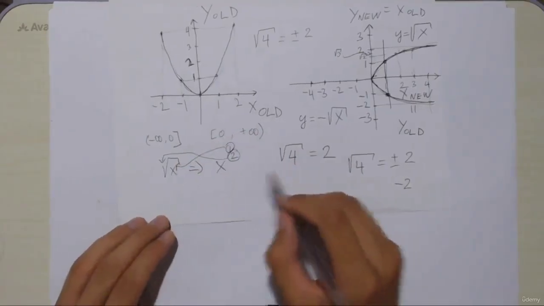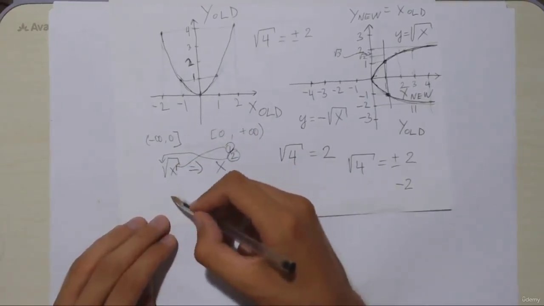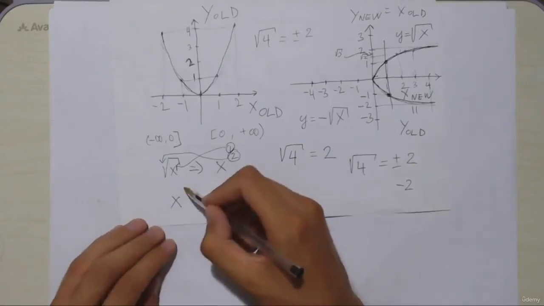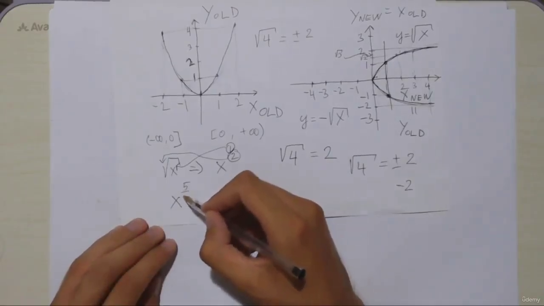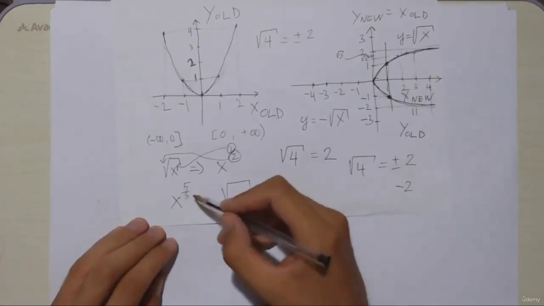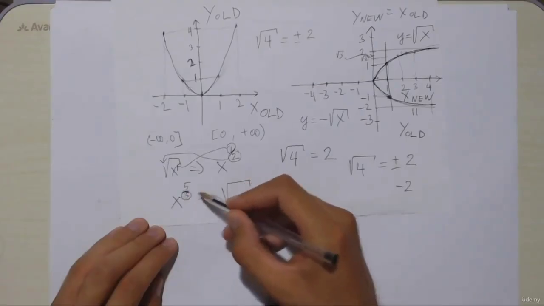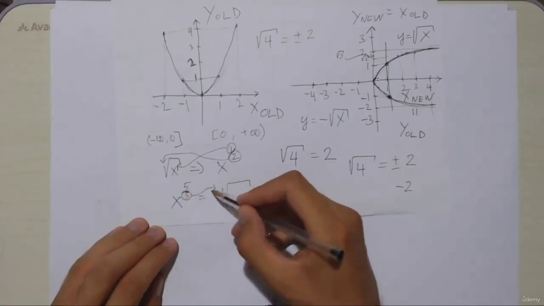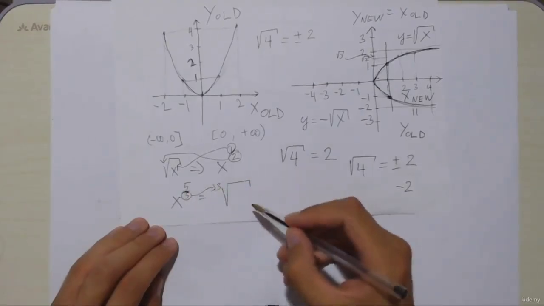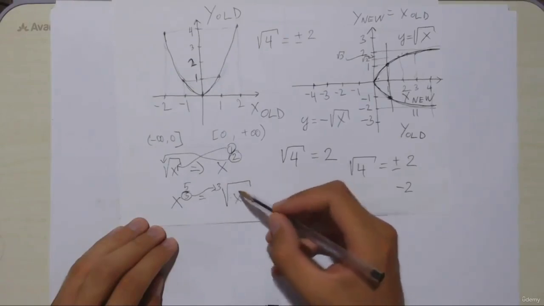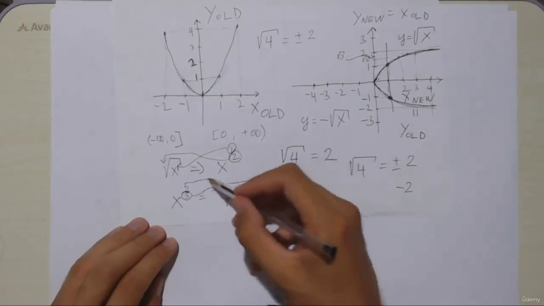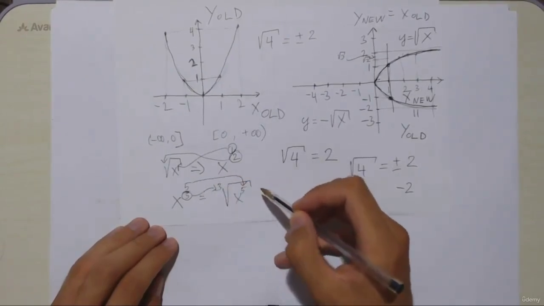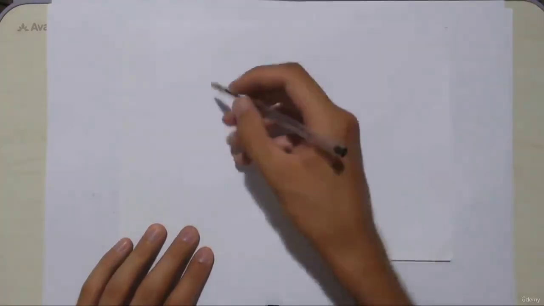So for example, if I have x to the power of 5/3, then it's the same if I write it like this. So 3 goes here, and I put it here, and then 5 goes here. So just a reminder.